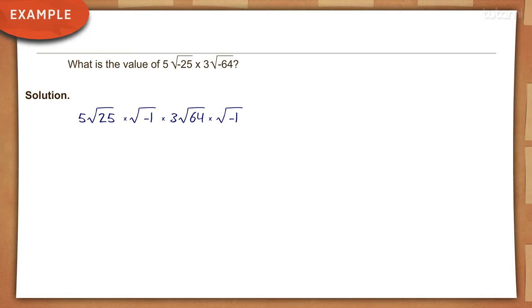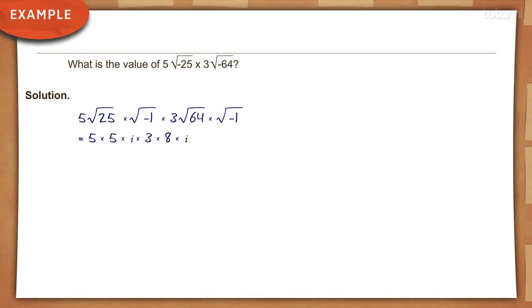Let's try an example problem together. What is the value of 5 square root -25 times 3 square root -64? So what we do here is we have to first simplify this expression. So what's the value of square root -25 and the value of square root -64?